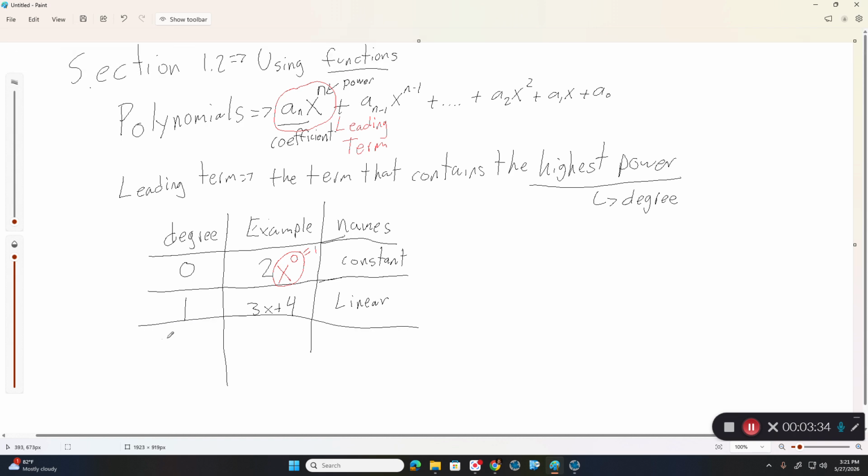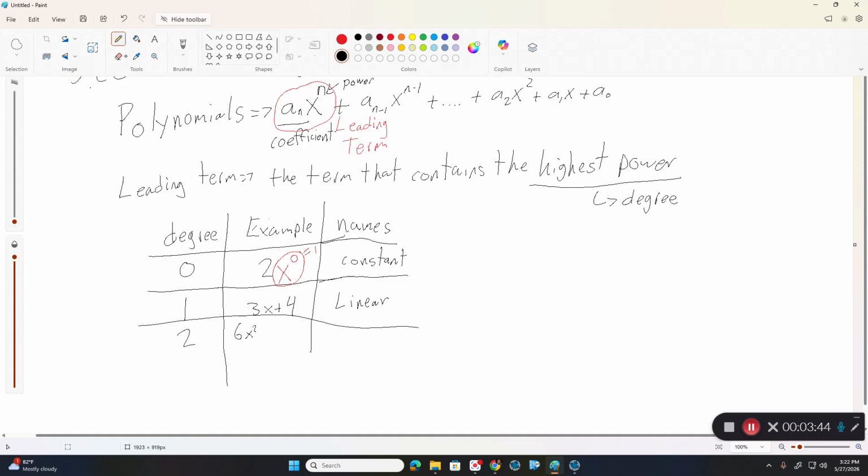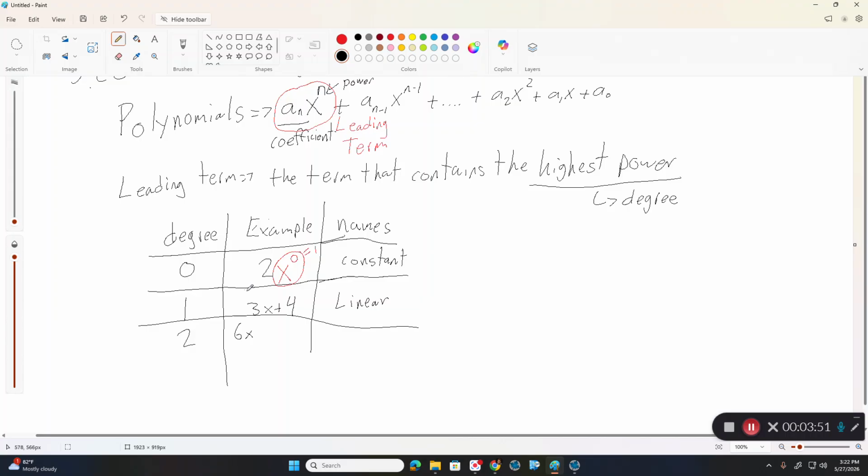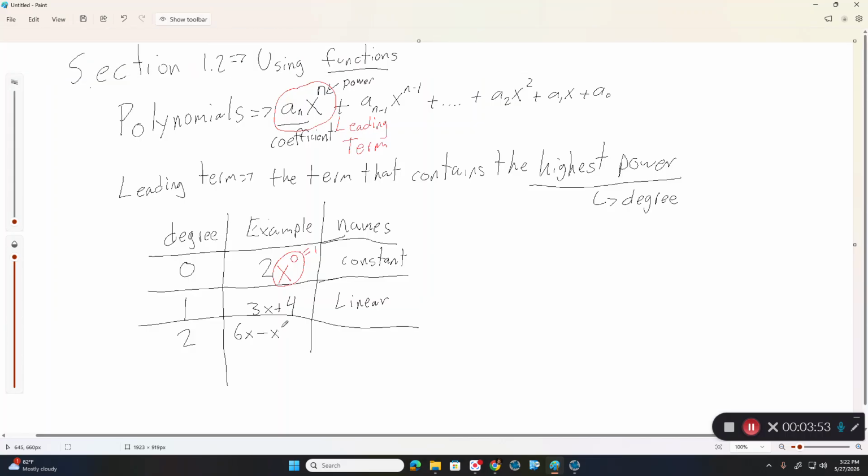As we move on, we have degree 2s. Please note, we can write these in whatever order we want. The leading term is not necessarily the first term, even though in this polynomial, the 6x is written first. That does not make it the leading term. The leading term is whatever term contains the highest order. And in this case, that would be negative x squared.